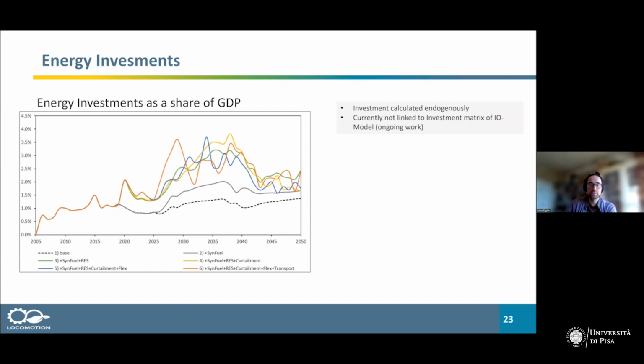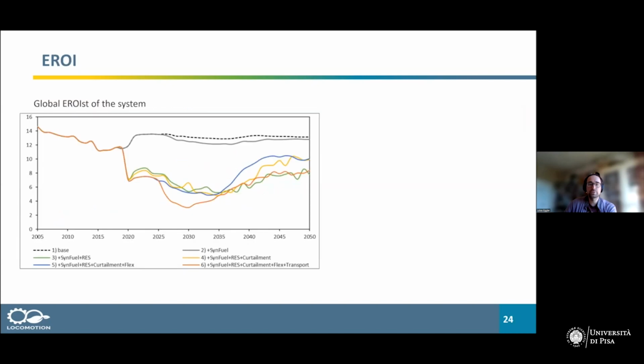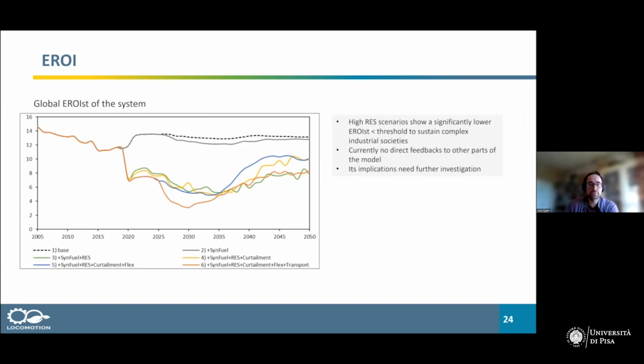This is ongoing work. But also in material terms, or in energy return on energy investment terms. I just briefly touched on that we also need to take into consideration the energy needed to produce new energy.